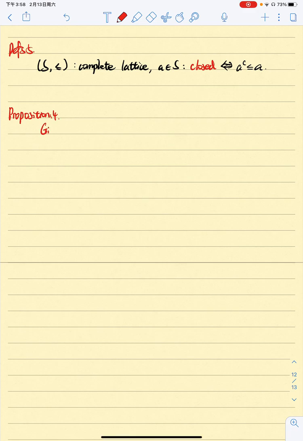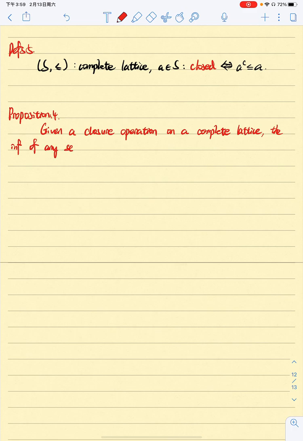Given a closure operation on a complete lattice, then the inf of any set of closed elements is again closed.